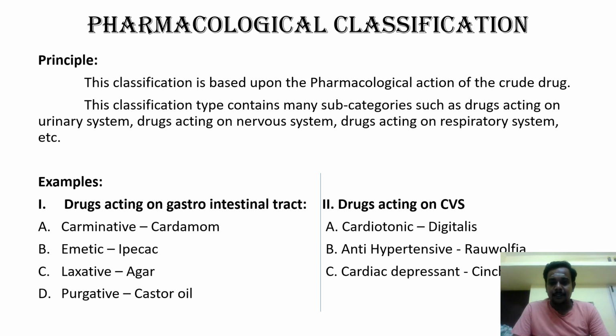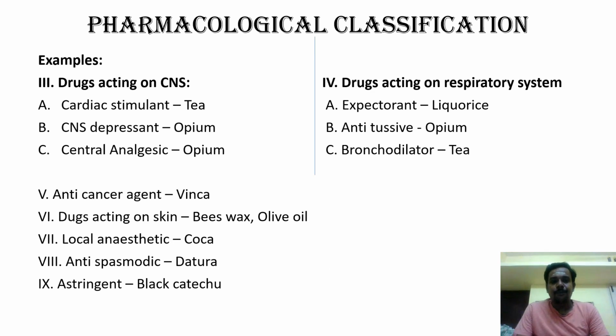The crude drugs which are going to reduce hypertension are antihypertensives, and the best example, as we all know, is Rauwolfia. Third category, cardiac depressant. Drugs that are going to suppress or depress the function or action of our heart are called cardiac depressants. The example, Cinchona.